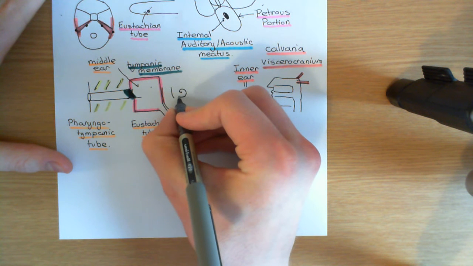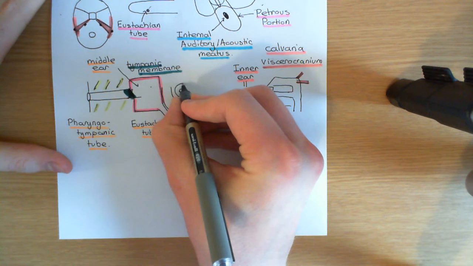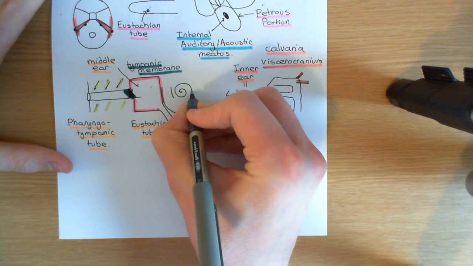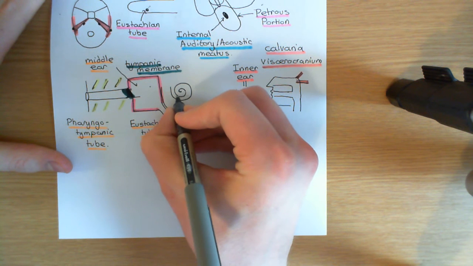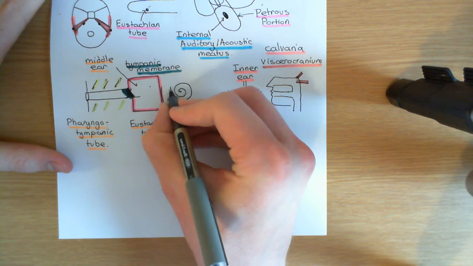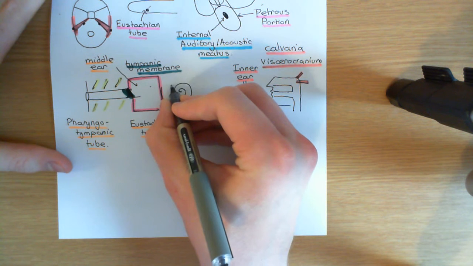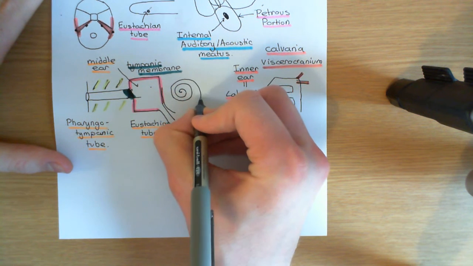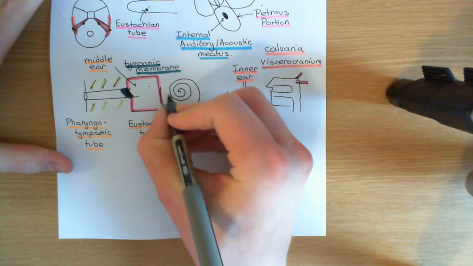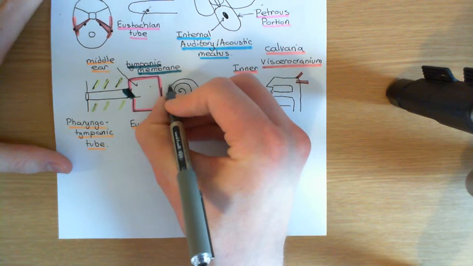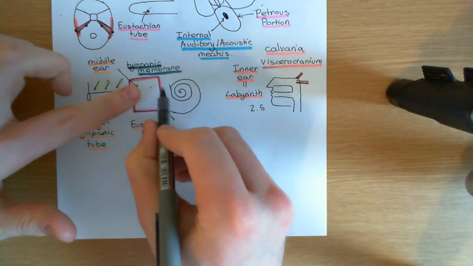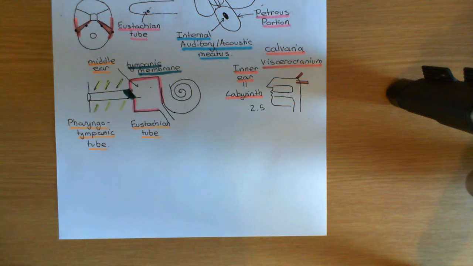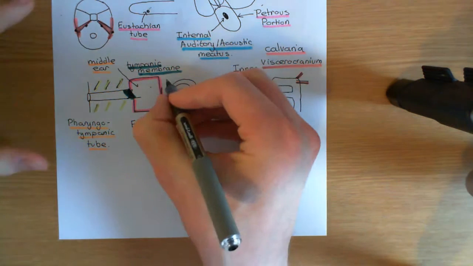And then we've got one turn there, and so this is one complete turn here. We'll have another, second complete turn here, and then we've got another half turn there. So like that, and it's a little bit big because I don't really now have room to actually put the semicircular canals in, but I'll have a go anyway.